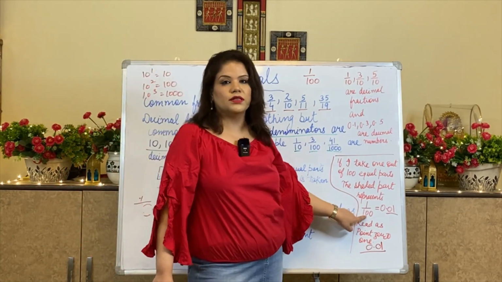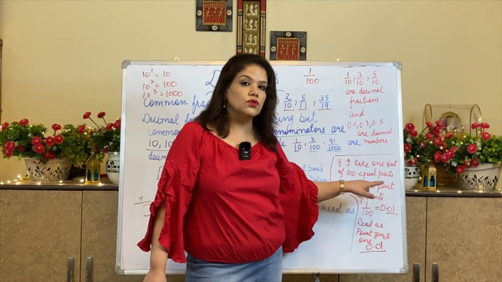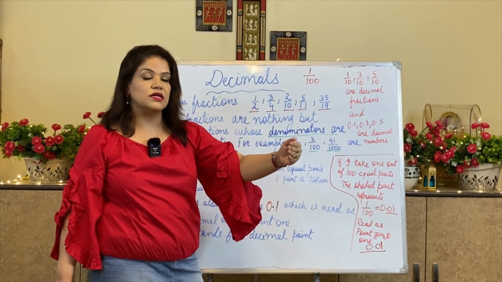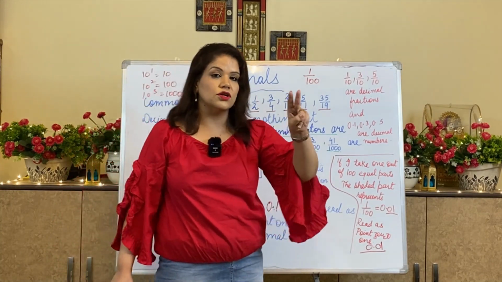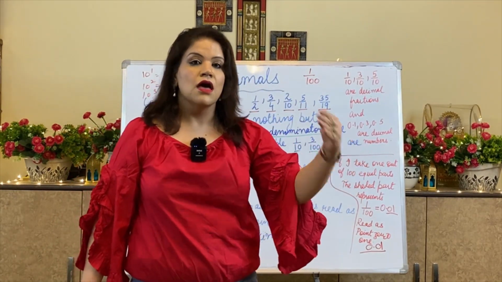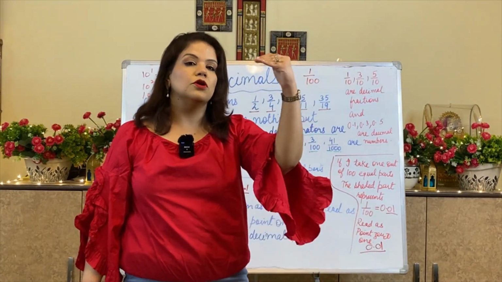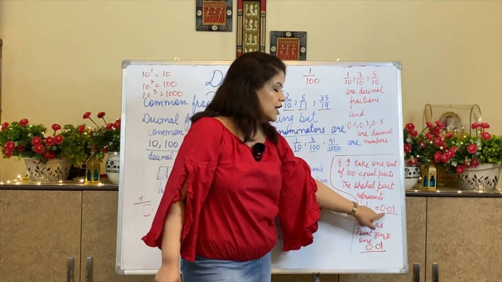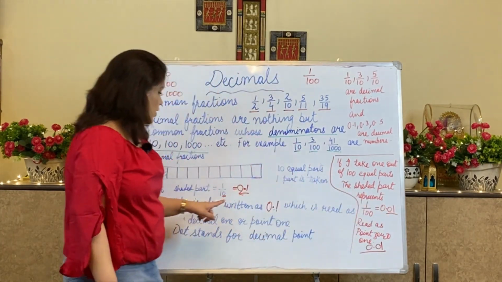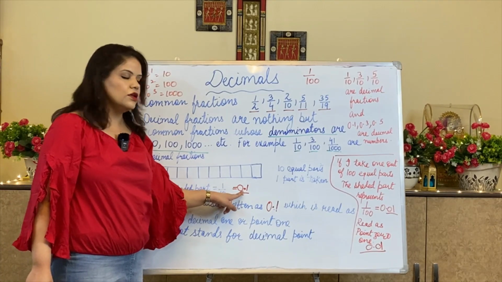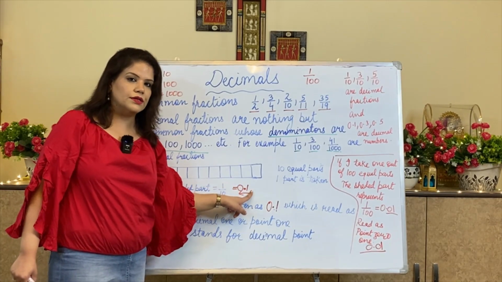Here two zeros were there, so we have to use two decimal places. The number of digits after the decimal tells us the decimal places. There were two zeros, so there will be two decimal places. But I had only one number in the numerator, so I had to put 0 first and then the numerator. Here why did I not use it? Because there was only 1 zero. So after the decimal I have put only the numerator number.